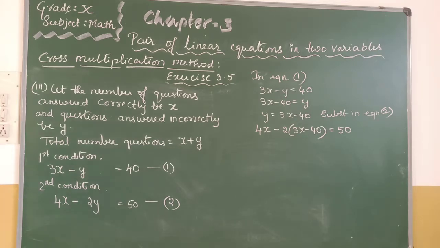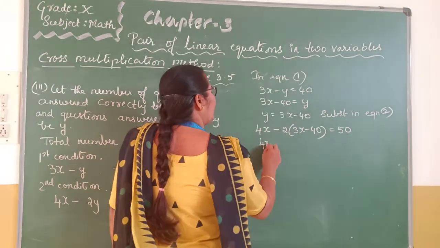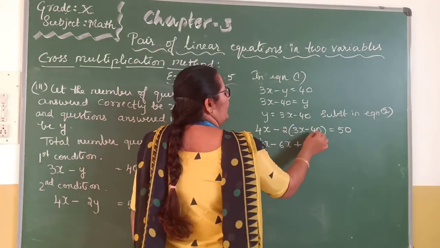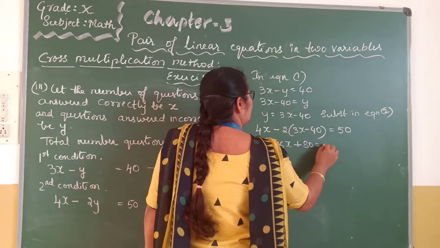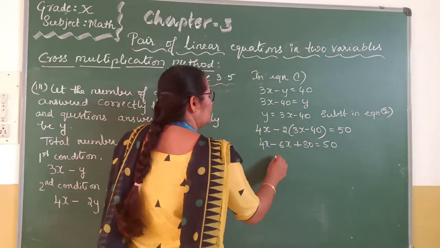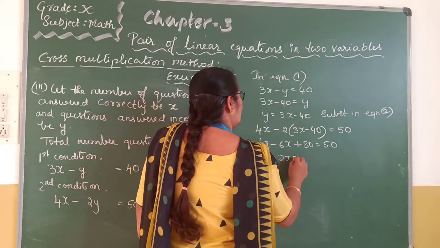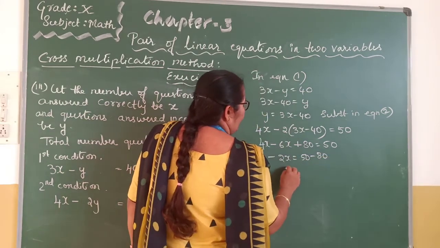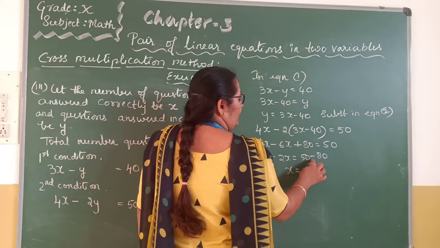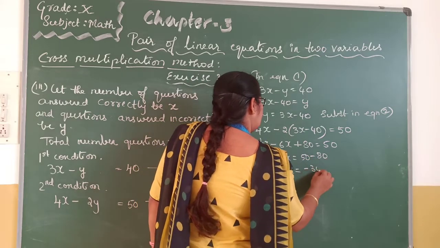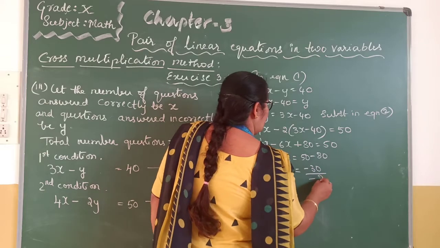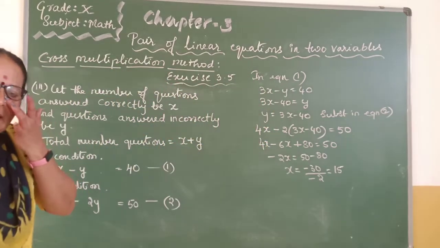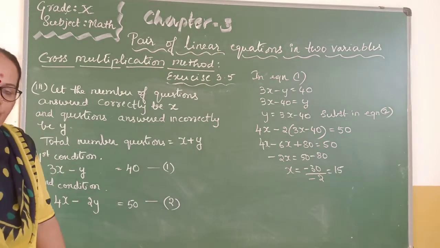Now 4x minus 3 twos are 6x, plus 2 into 40 is 80, equals 50. So minus 2x equals 50 minus 80. So x equals minus 30 divided by minus 2, which is 15. Minus divided by minus is plus, 30 by 2 is 15.